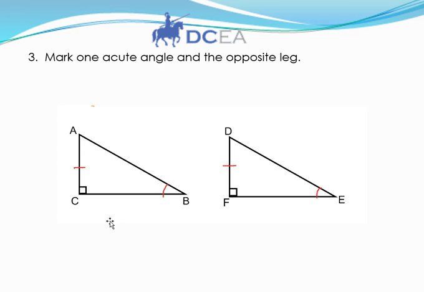The third pair of triangles, we're going to mark one acute angle and the opposite leg. So you can mark angle B and leg AC, and then angle E and leg DF. Or you could mark angle A and leg BC and angle D and EF.